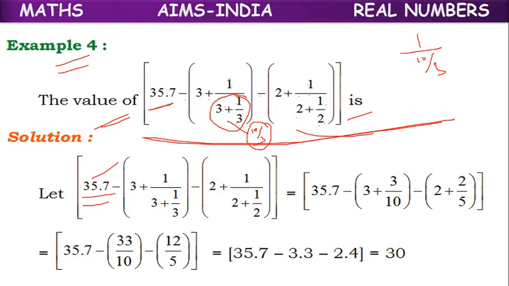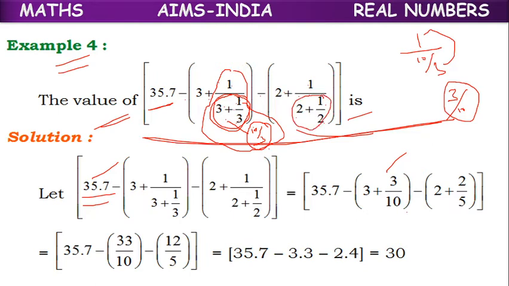So this 3 will go up, this will become 3 by 10. In the same way, this part 2 times 4 plus 1, 5 by 2. But 1 by 5 by 2 means 2 by 5. That part will become 2 by 5.